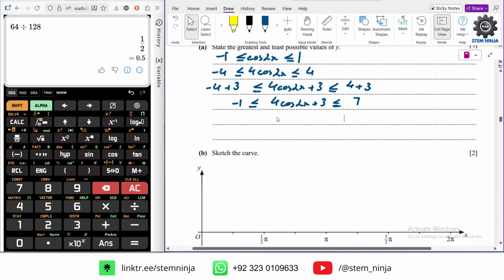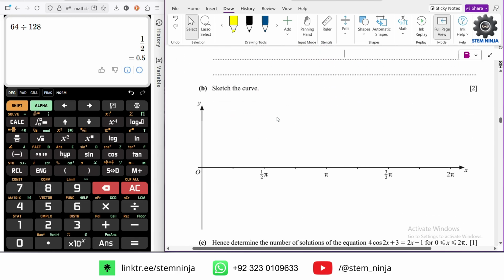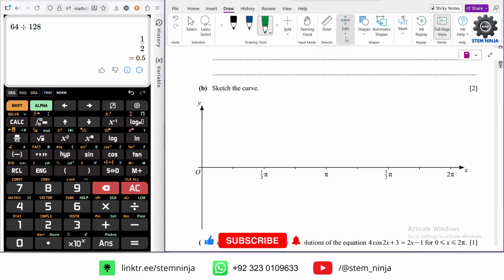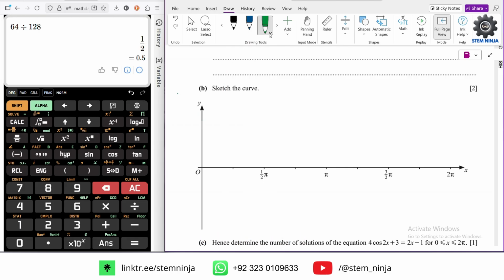Okay, now sketch the curve. Okay, so the maximum value is 7. We have to keep a little bit of that. Okay, so 1, 2, 3, 4. 1, 2, 3, 4. Okay, so 7 and -1.